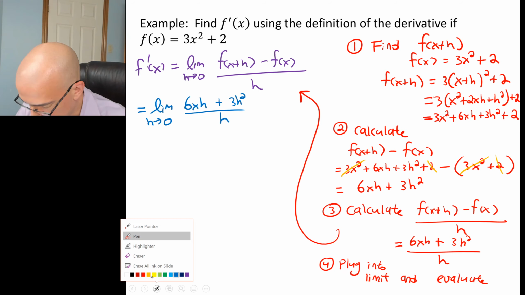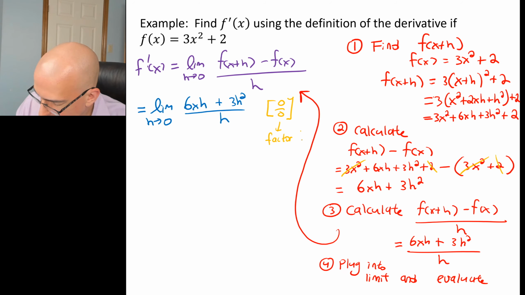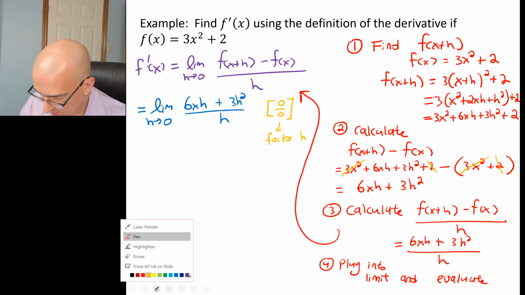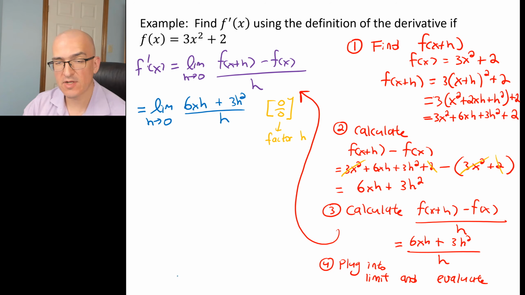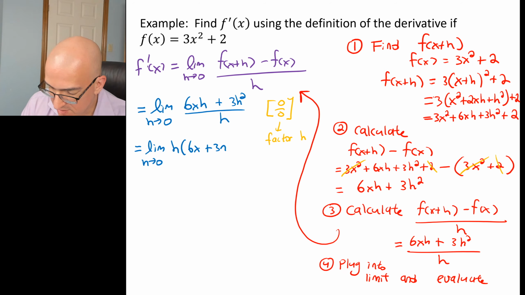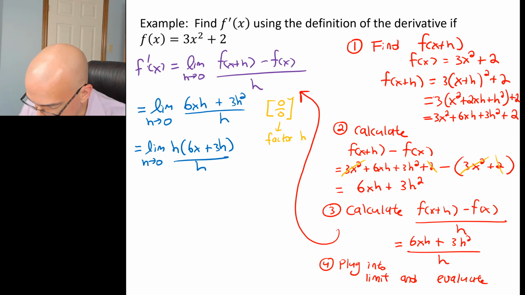So we have to do some factoring. I'm going to factor an h out of the top. Yes, you can also factor a 3 out of the top, but it's not necessary. Just going to factor an h. h times (6x plus 3h) all over h. Now I'm going to cancel the h's.